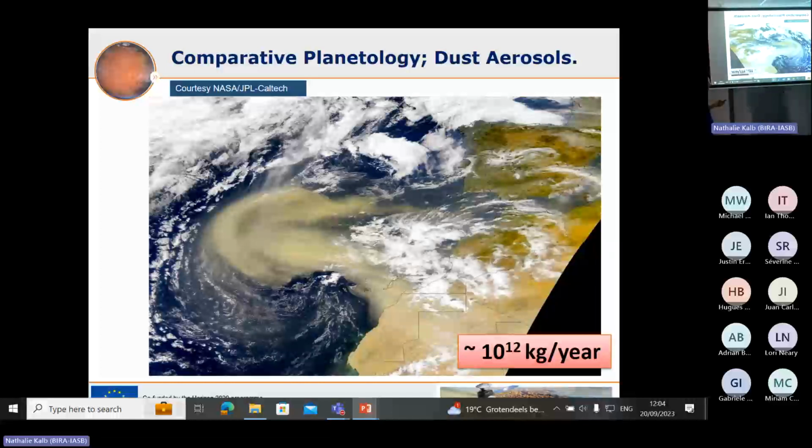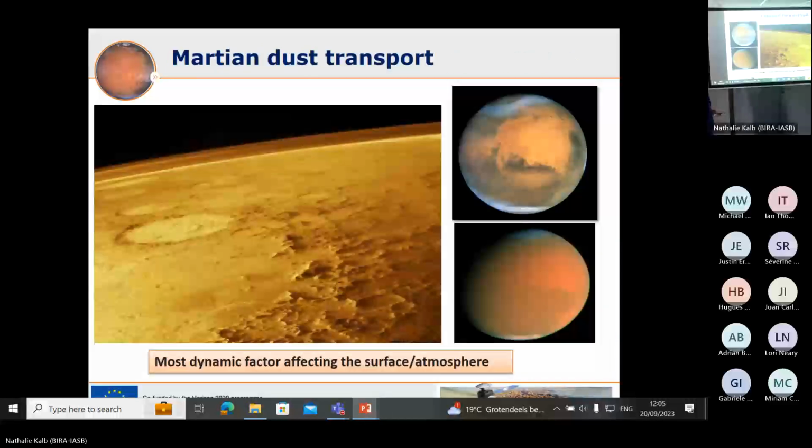And interestingly, an estimate of the total global dust transport on Mars is also about 1 billion tons a year. So even though the pressure is like 100 times less, it's a comparable relative amount of dust transport. That's a weird thing already without knowing anything about this subject.